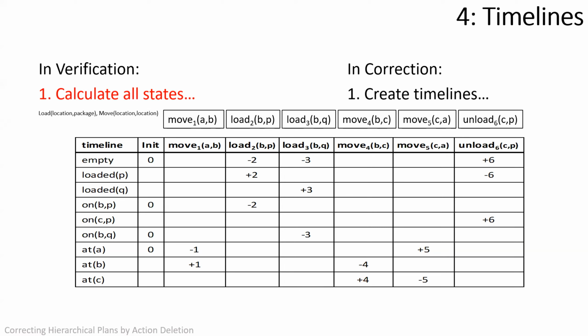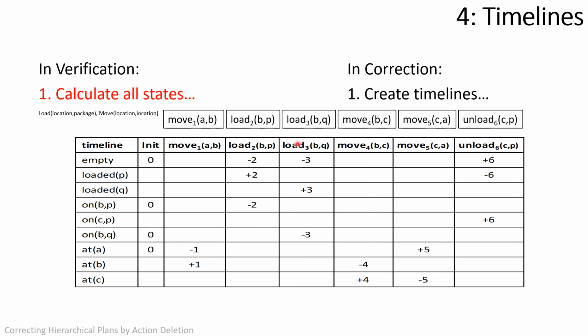So how does that work? Well, let's look, for example, at this action, load 3 BQ. The load 3 BQ has an effect that the package is loaded onto the truck. So you can see that if you look at this atom, loaded Q, you have +3 here. +3 means that this action supports this condition.